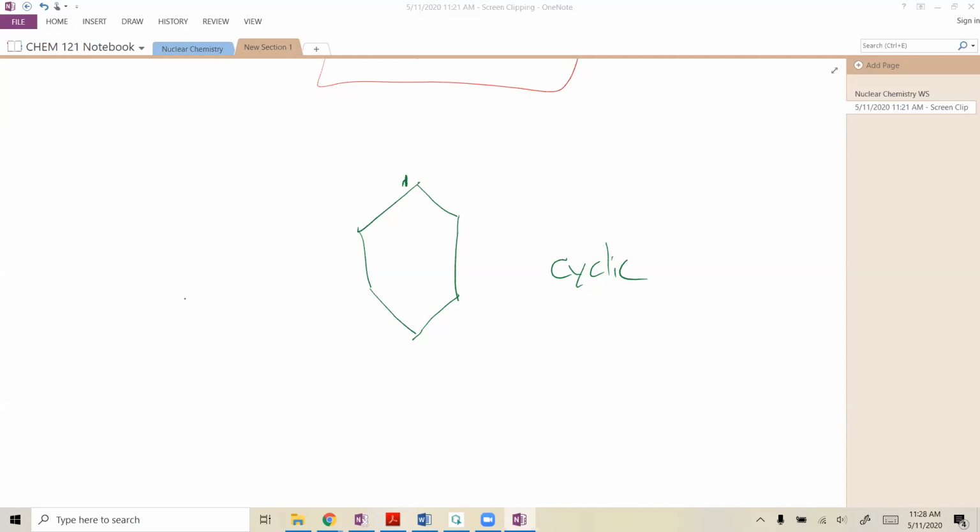And so if this is going to be my number 1, what should we have attached to my number 1? When we look at our name, do we have a grouping attached to number 1? So propyl is not attached to number 1.